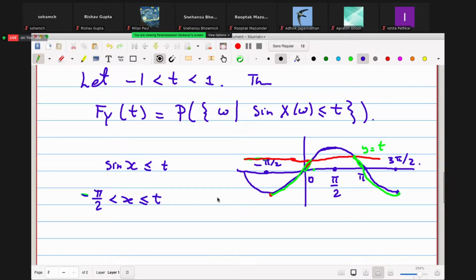So in this range, and then you take this in this range. So this is equivalent to then saying sin x is less than or equal to alpha. There is some alpha here, that is what I meant, not t. But here is some alpha.